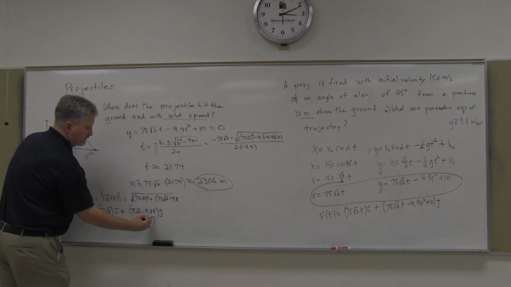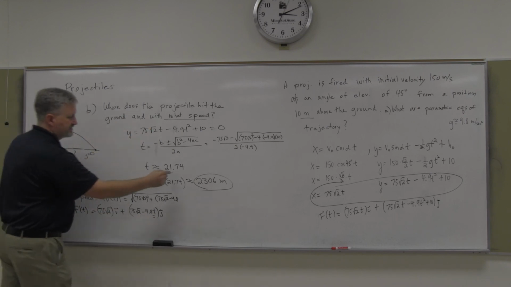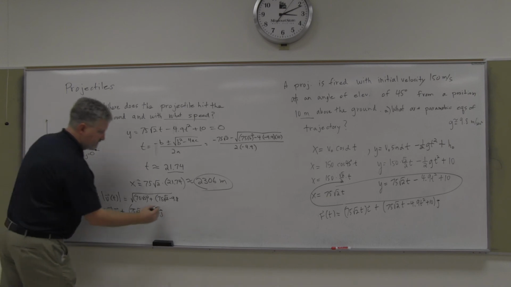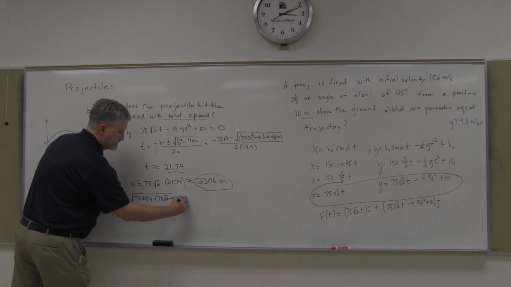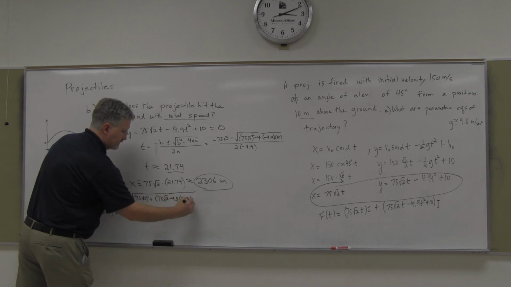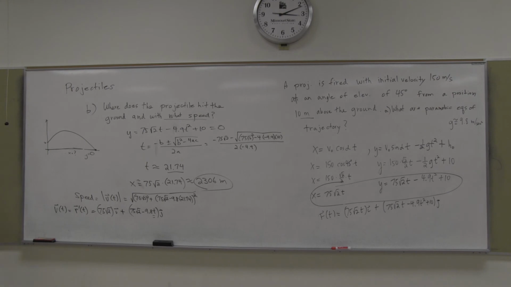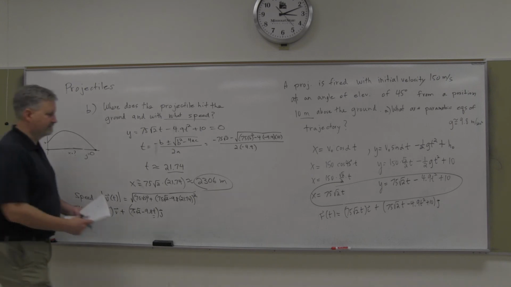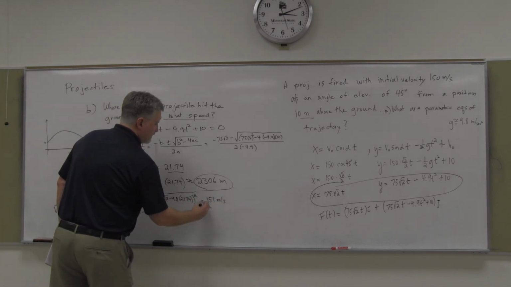I'm trying to find the speed when it hits the ground, and I know the time it hits the ground is 21.74, so I use 75 square root of 2 minus 9.8 times 21.74, and take that square. It's just a little bit of calculating there. I get approximately 151 meters per second.